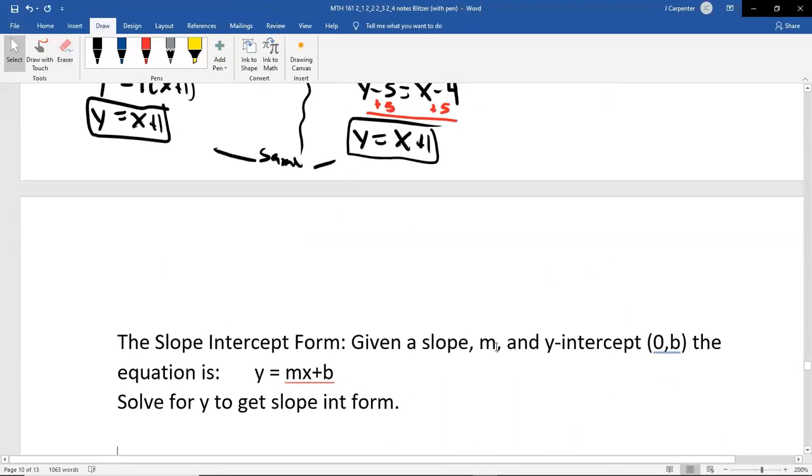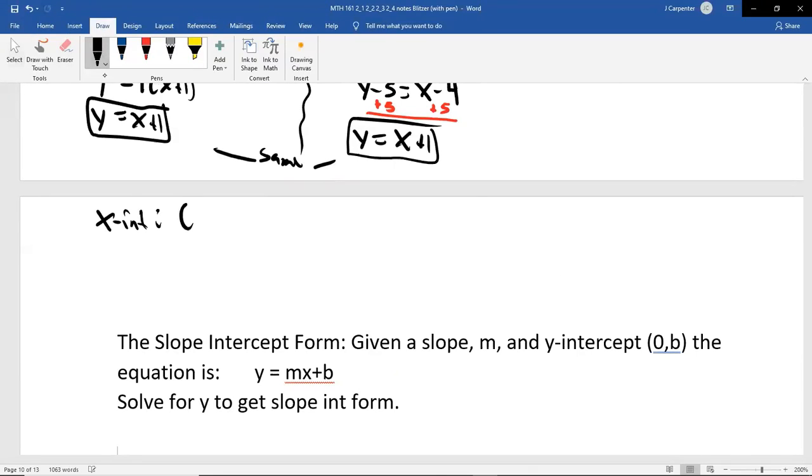So if you have a slope and a y-intercept, now remember, intercepts always have 0 as one of the points, as one of the values, either the x or the y, that is to say. So remember, an x-intercept is always something, comma 0, and a y-intercept is always 0, comma something.